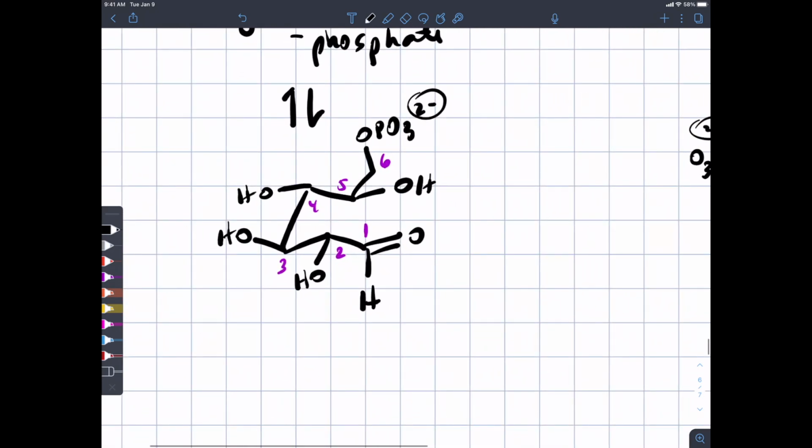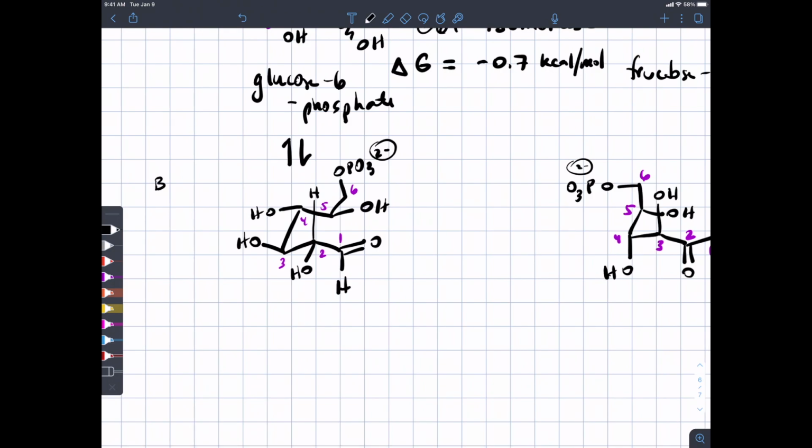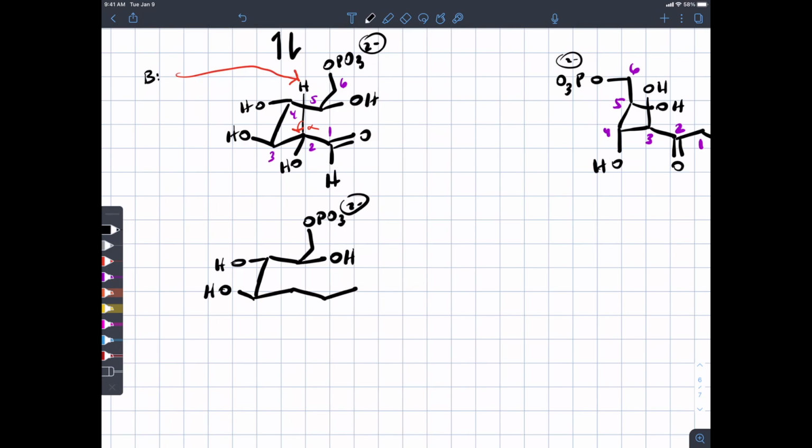All right, so if you look at what we've got going on here, if we have a base remove the proton that's alpha to the aldehyde, we're going to get an enolate. So here's that enolate, negative charge here.